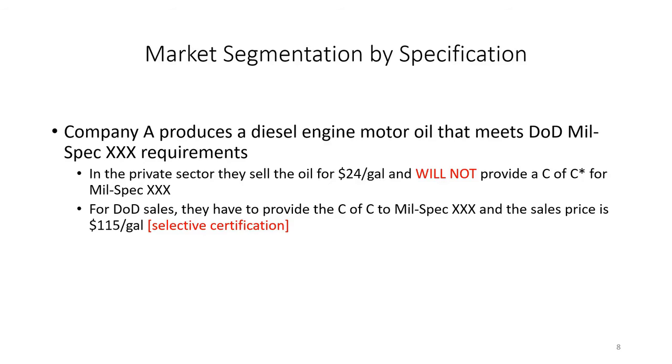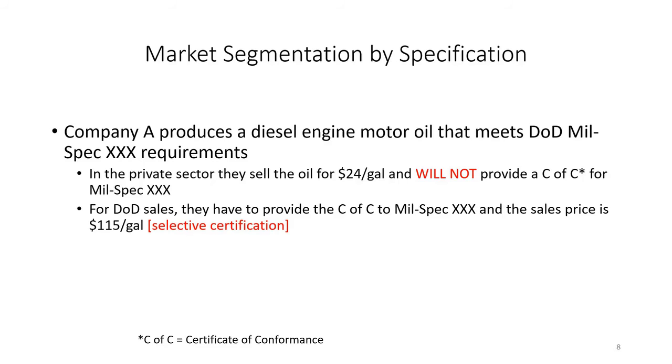In the private sector, they're going to be competing against everybody else's diesel oil, and so they're going to probably price this around $24 a gallon, and they do not provide a CNC, which is called a Certificate of Conformance. They do not provide that CNC to private sector customers.